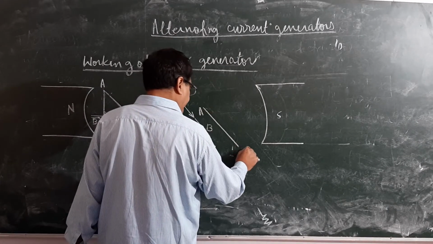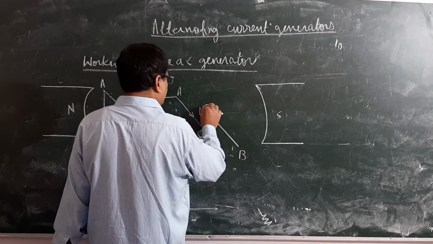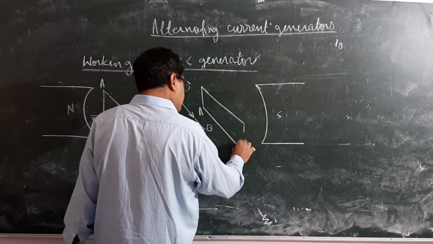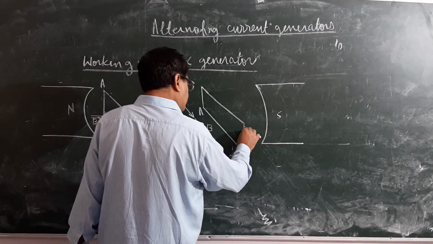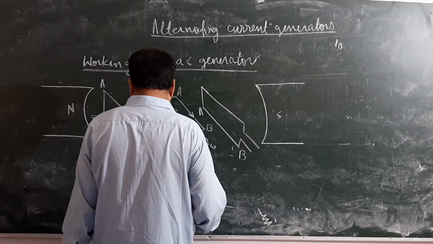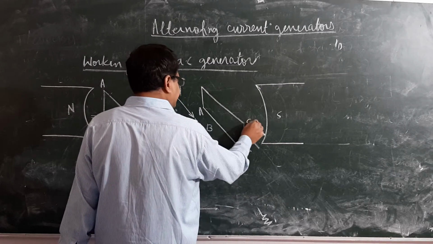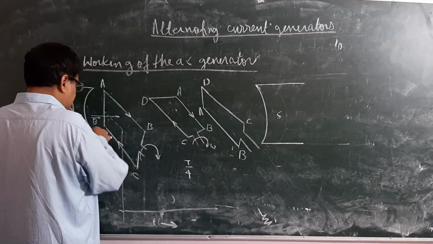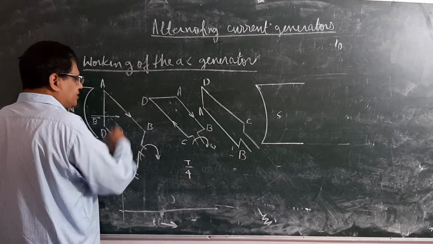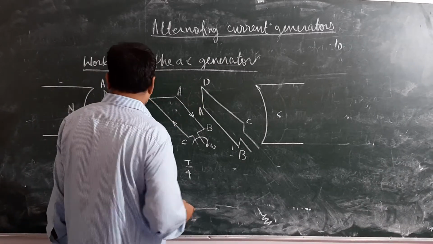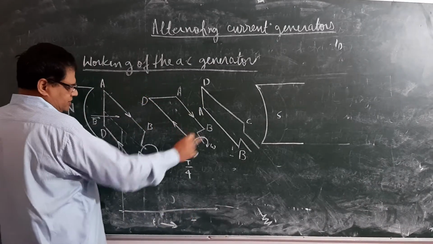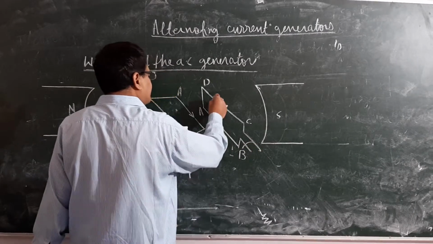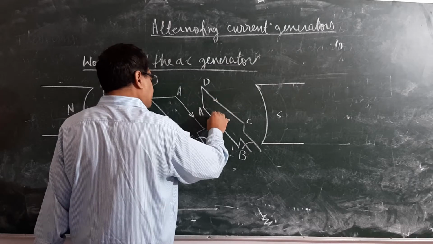AB. And you will have CD like this. That is, this CD which was in the lower portion, it will come up. The direction of the current will once again be the same because it is rotating in the same direction. So direction of the current will be along this direction.